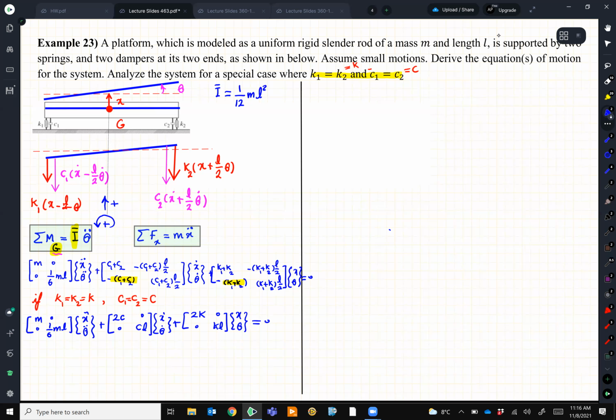Looking at these new matrices, I realize they are decoupled. The mass matrix is decoupled, as it was before as well. The damping and the stiffness are all decoupled; the off-diagonal terms are all zero. So for this special case, my system is decoupled without us doing anything.